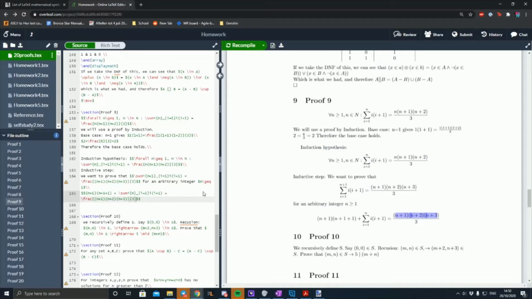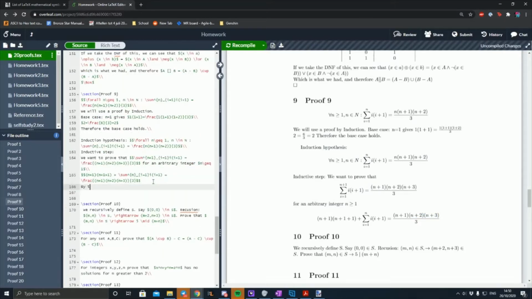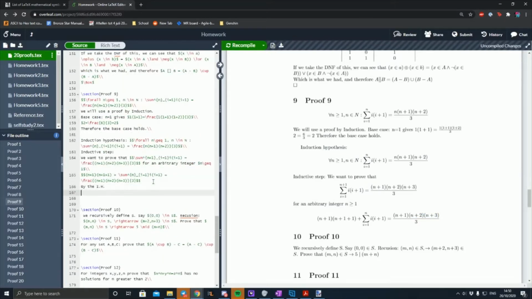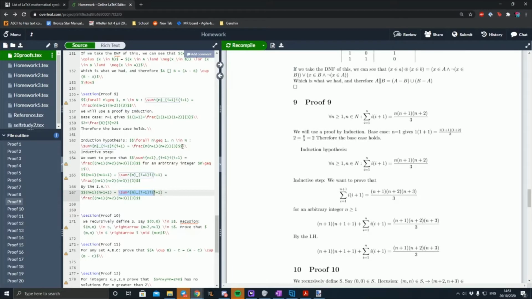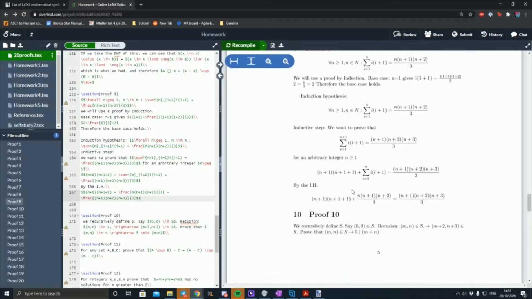And now we can say by the induction hypothesis, instead of the sum here, this is equal to the fraction of this thing. So now we're only working with fractions. Boy, this sure looks like a lot of fun.